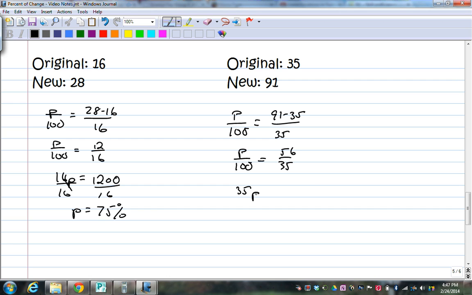Gives me 35P is equal to 5,600. Divide both sides by 35, and P is equal to 160%. Again, it's over 100% because if you just doubled this, a 100% increase, it would be 70. And you see this one goes from 35 to 91, so it's going to be over 100%.